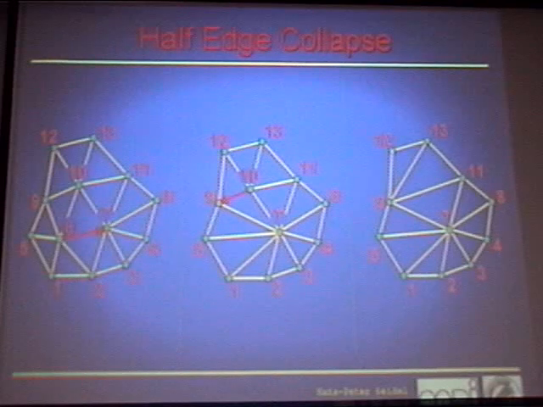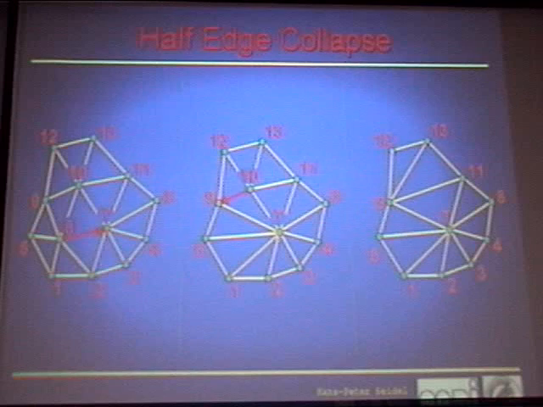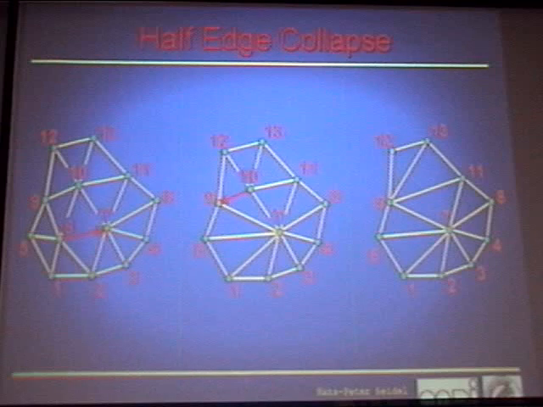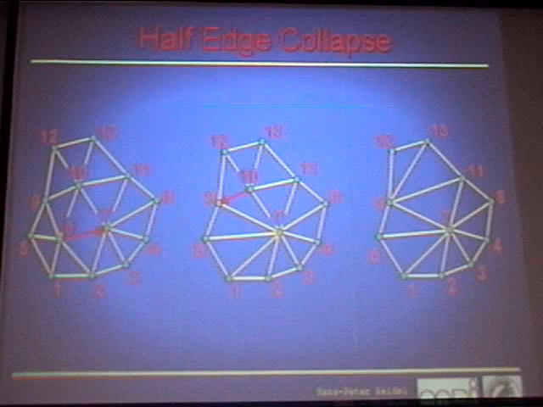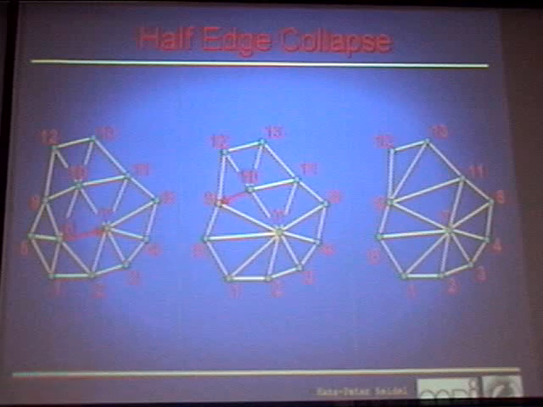And what's nice about this is that in order to invert this process, all we need to store is the geometric location of this vertex number 6, x, y, and z coordinate, and the adjacency information that has been lost after this collapse. So we have to store that vertex number 6 has been connected to vertices number 10, 7, and 2 before the collapse. Then we can reconstruct the original mesh from this mesh here.